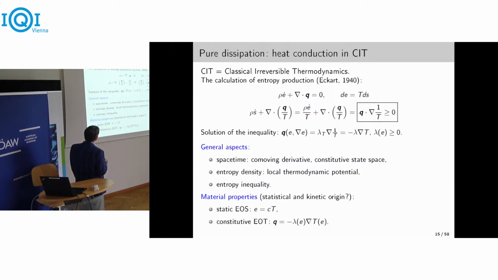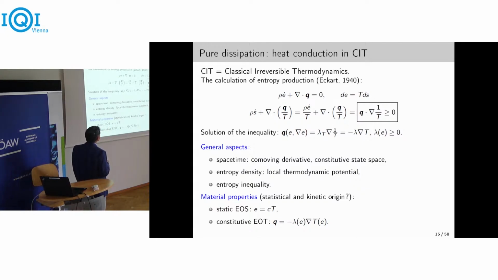The entropy balance looks like the momentum balance previously: there is an entropy flux and the entropy density, or more properly the specific entropy, which is more convenient to use in fluid mechanics, so it has this form. One actually calculates it by introducing the balance of internal energy and also the thermostatic information.